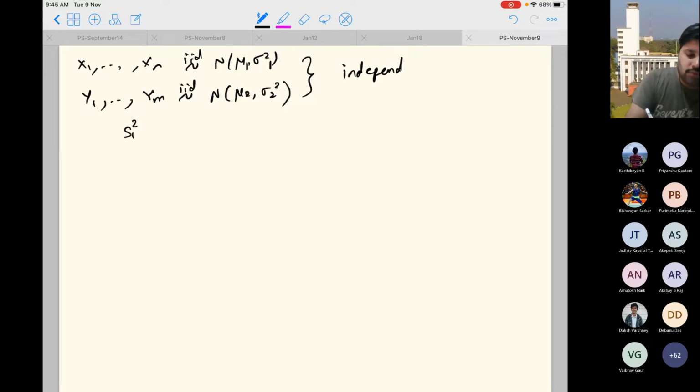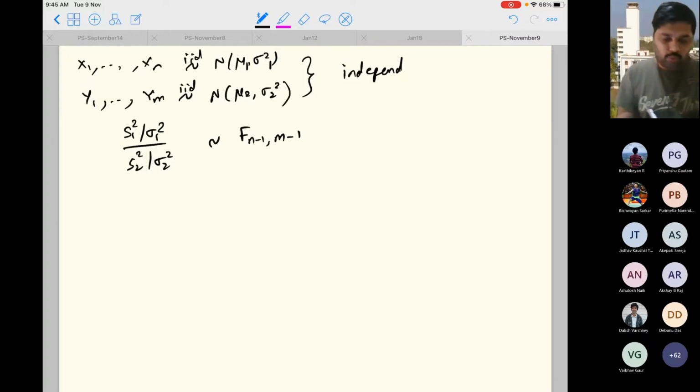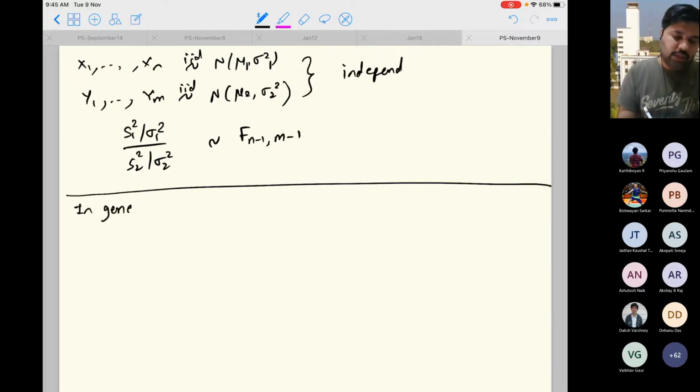We know that s1 square by sigma1 square divided by s2 square by sigma2 square follows F distribution with n minus 1, m minus 1 degrees of freedom. So this is what we proved. In general, this is something that you have to remember. This is very important.